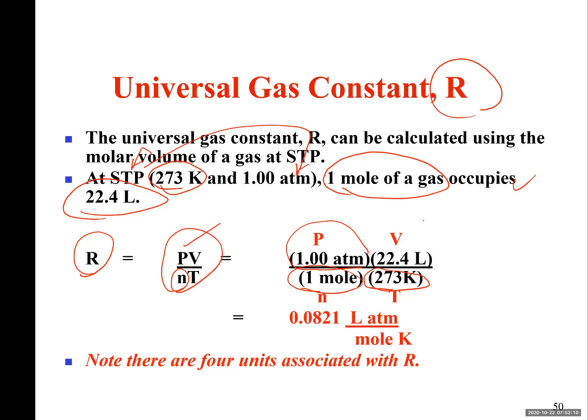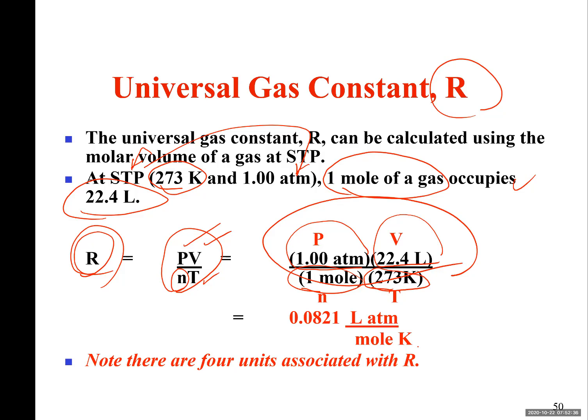We'll have a volume of 22.4 liters, so V is 22.4 liters. So we have V, P, n, and T. All we have to do is calculate this. We have the value of R, which is going to be 0.0821 liter atmosphere per mole per Kelvin.